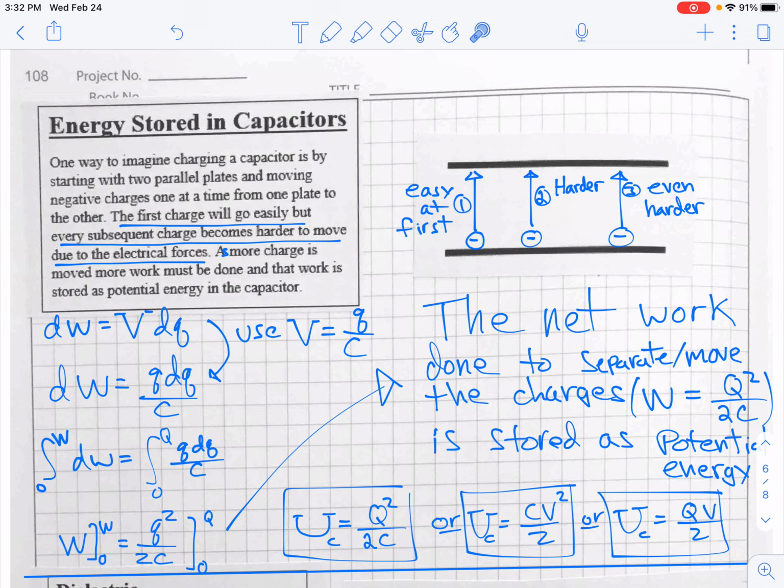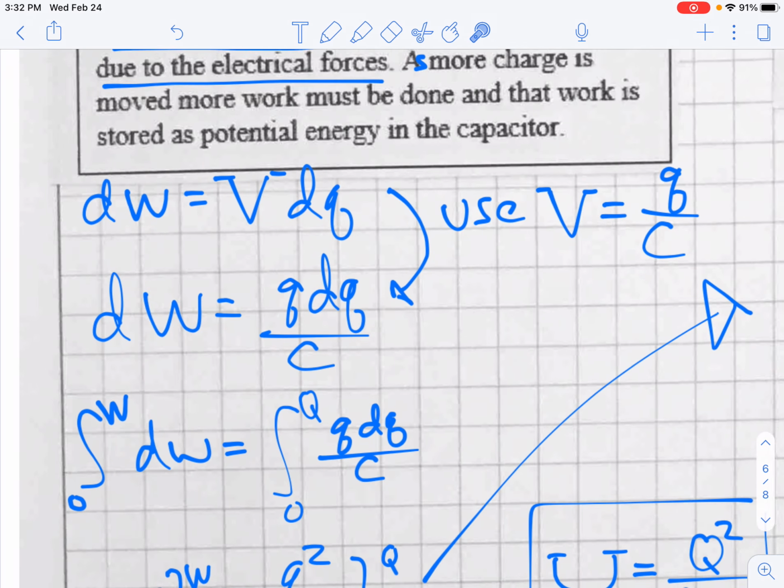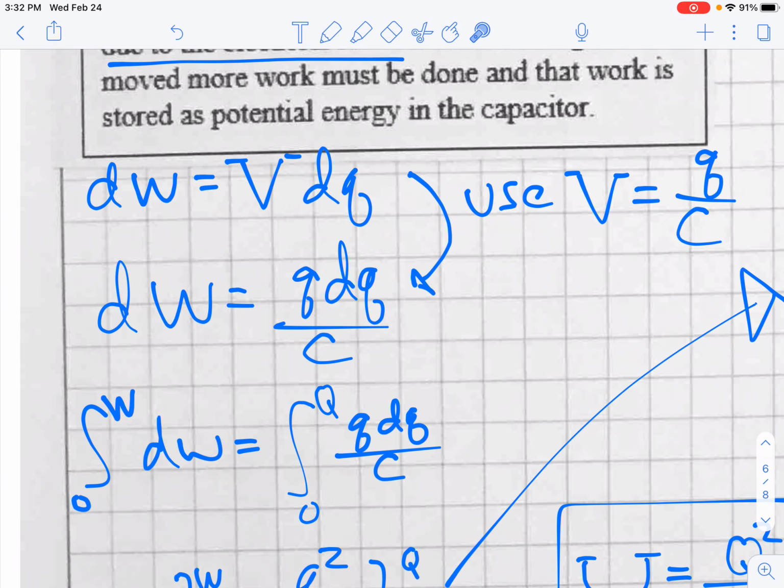So when we look at the amount of work that's done, energy would equal QV. The energy is the amount of work done by an external source to move from A to B. So work is the same thing as energy. If energy is QV, work is also QV.